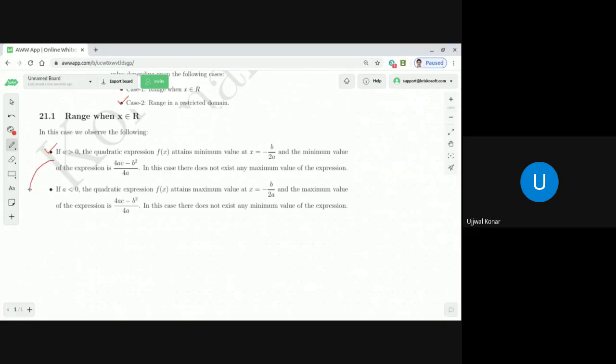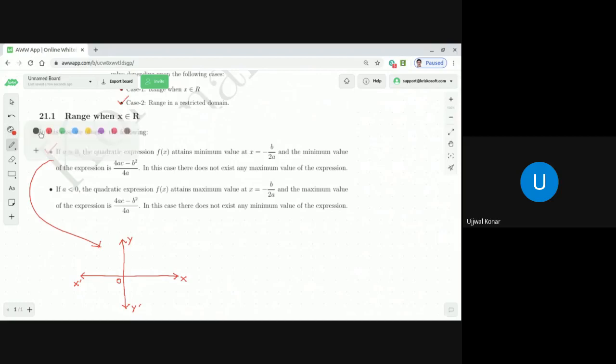So let me draw it here. This is the y-axis, this is the x-axis, this is x dash, this is y, this is y dash, and this is the origin. Now, when a is greater than 0, remember dear students, the curve is flipped upward.